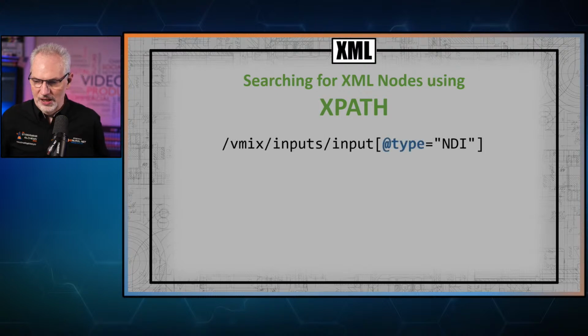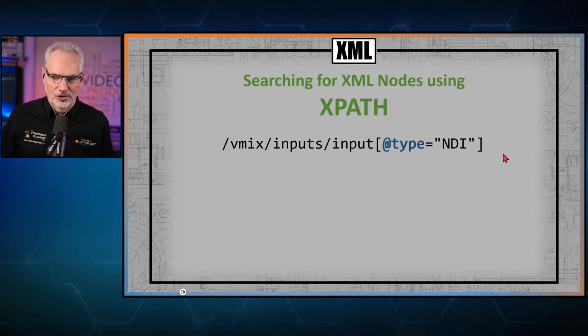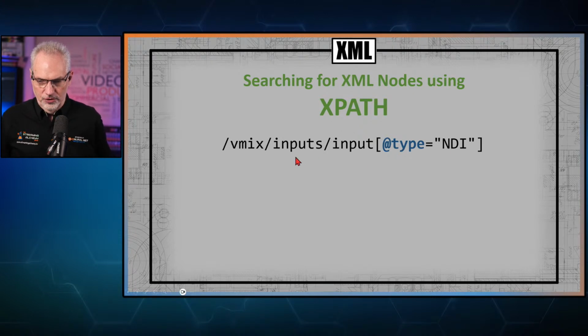And as opposed to just having the vMix inputs/input, which is the XPath, you can actually add a conditional criteria on the end. That's how you do this, in square brackets and then some condition that needs to be met. And this will go in and find all of the inputs that are under the inputs vMix tree path that are of type NDI.